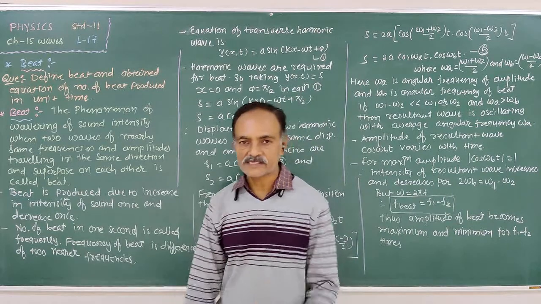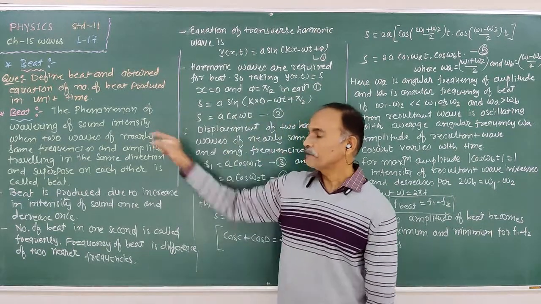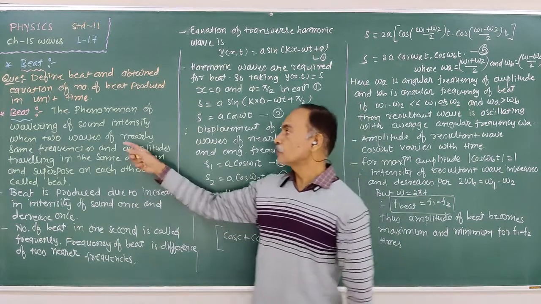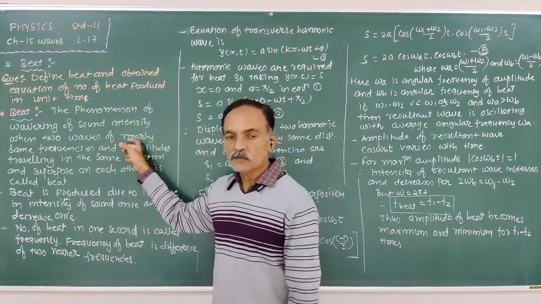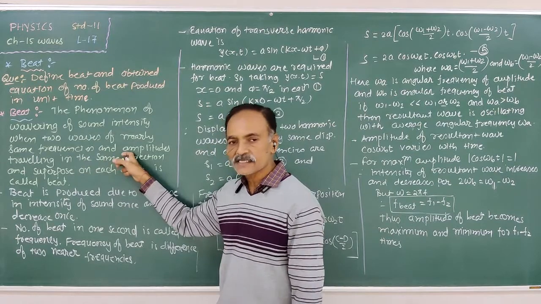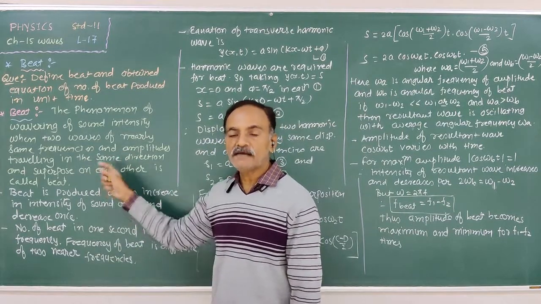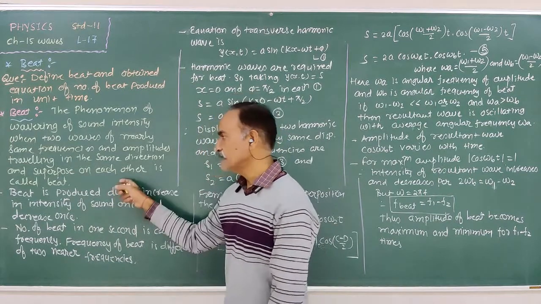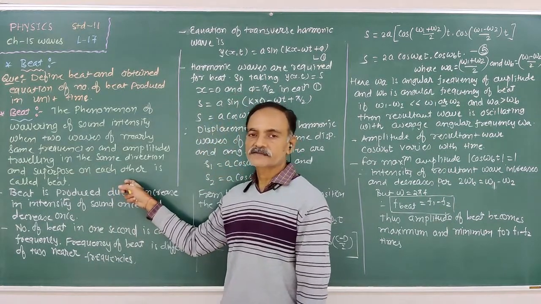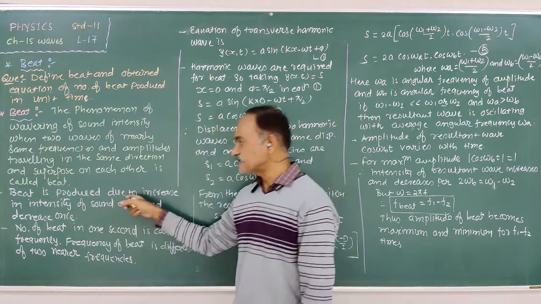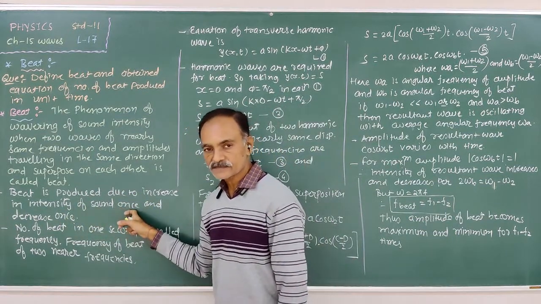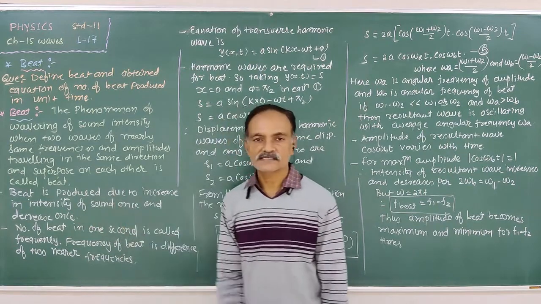Again, we repeat the definition of the beat. The phenomenon of varying of sound intensity when the two waves of nearly same frequency and amplitude traveling in same direction and superposed on each other is called beat. Beat is produced due to increase in intensity of the sound once and decrease once.